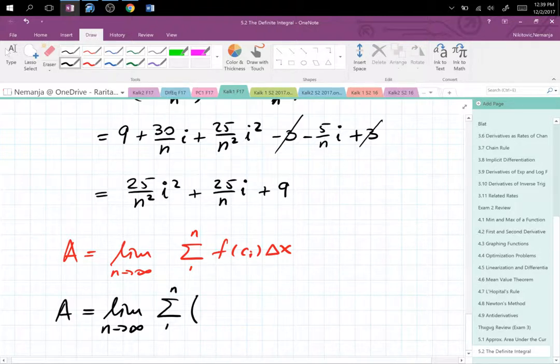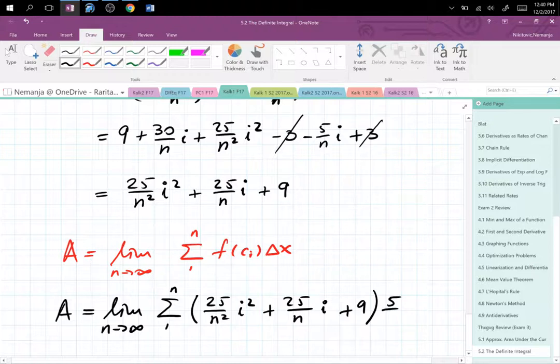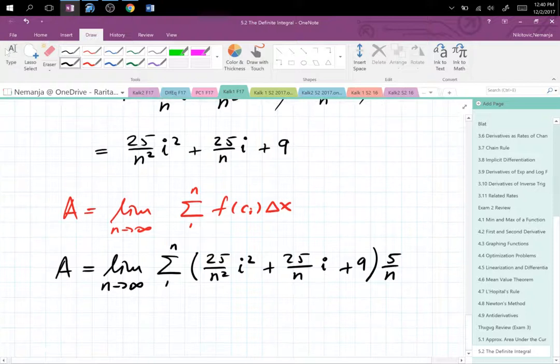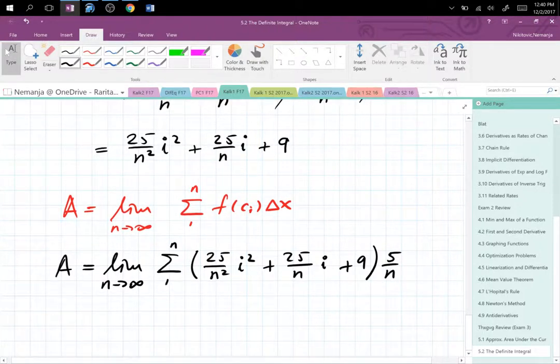In parentheses I have 25 over n squared i squared plus 25 over n i plus 9, all of that times 5 over n, which is delta x. Distribute, split sums, use the formulas, do the limit, be done.